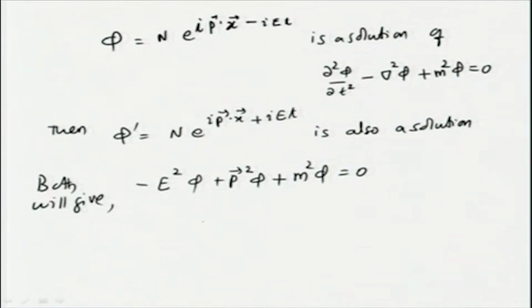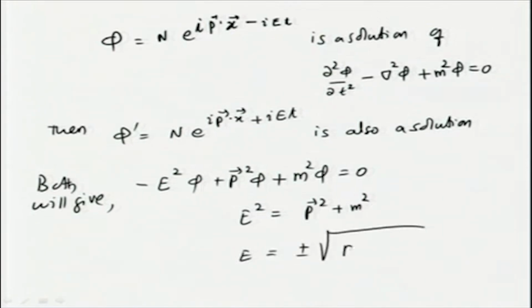So this is essentially E² = P² + m², which is the relativistic energy-momentum relation. And if I write down the expression for E, I can write it as the square root of P² + m², plus or minus.